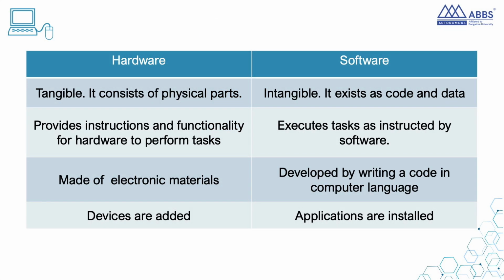Till now, we have understood hardware and software, and how they are different. The hardware is tangible while the software is intangible. Hardware enables functions, while software is actually the code designed to perform as per instructions. Hardware executes the task as instructed by the software. Hardware is made up of electronic components and software is written in computer code language.